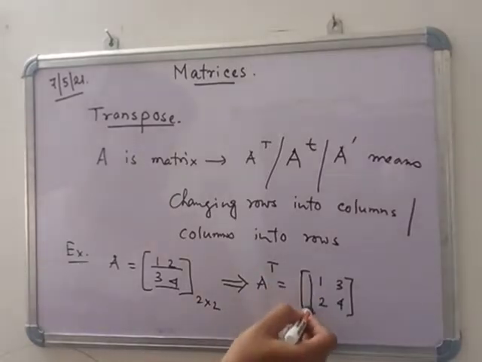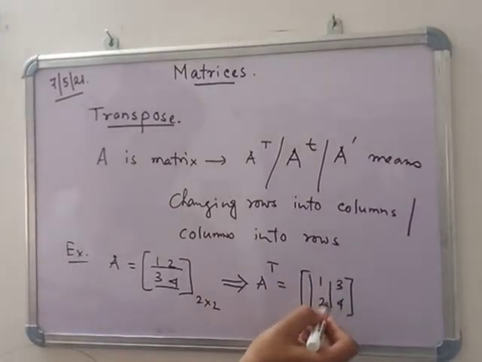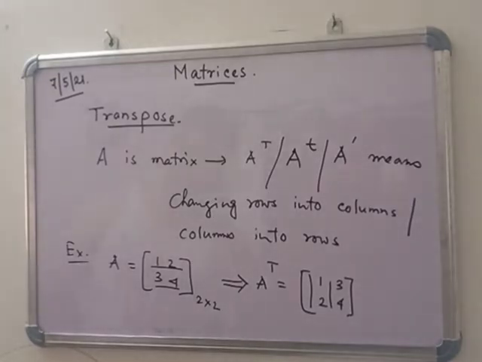So when we change the rows into columns or columns into rows, we say A goes to A transpose. Now we are using some properties of the transpose which are very useful for doing the sums. Now we are discussing that.